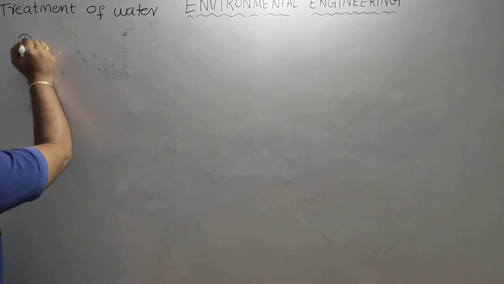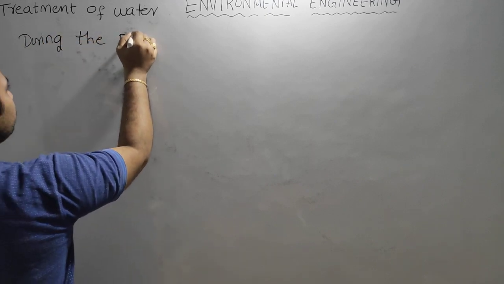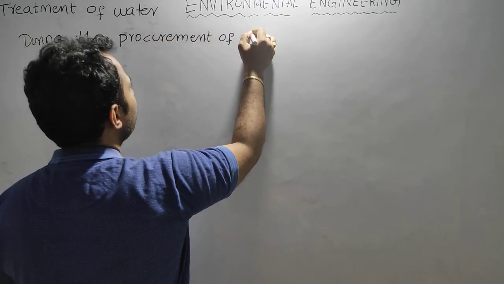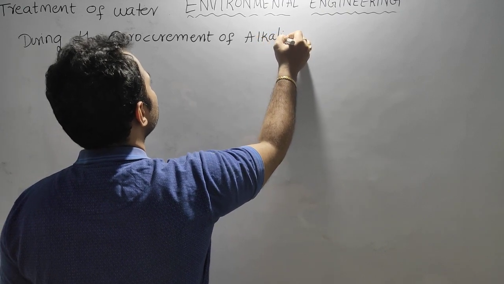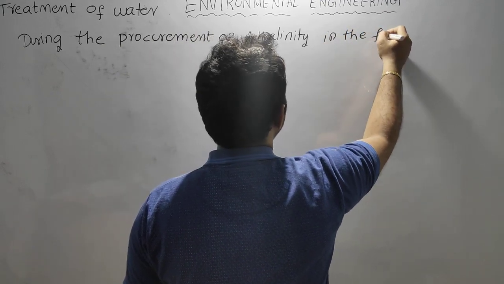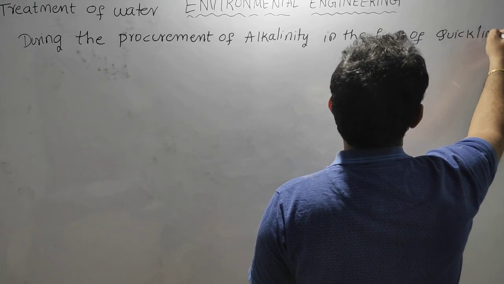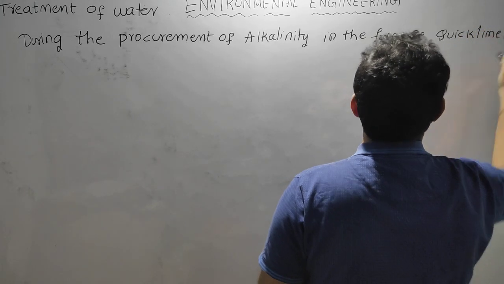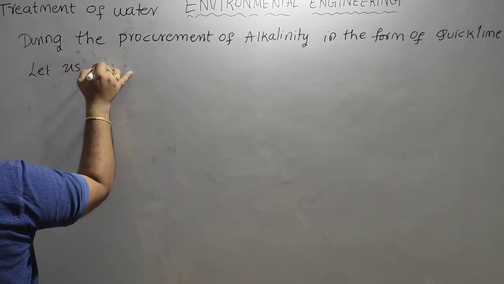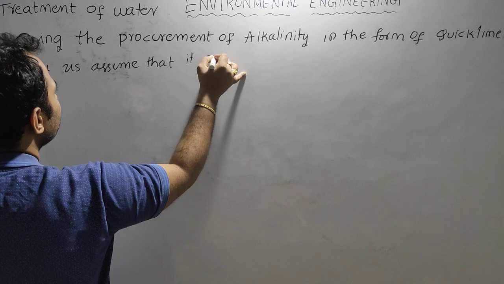So during the procurement of alkalinity in the form of quicklime, CaO, let us assume that it is 80% pure.